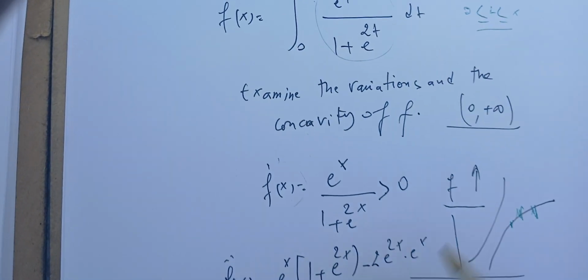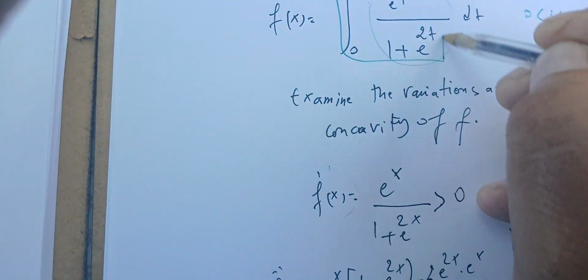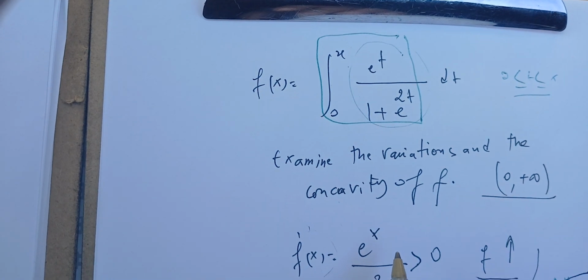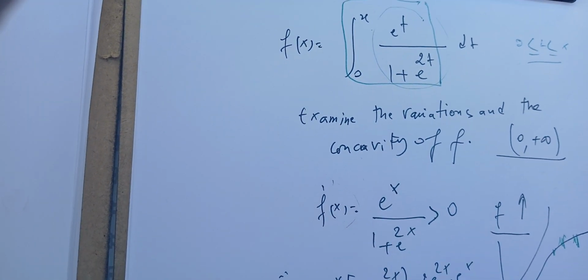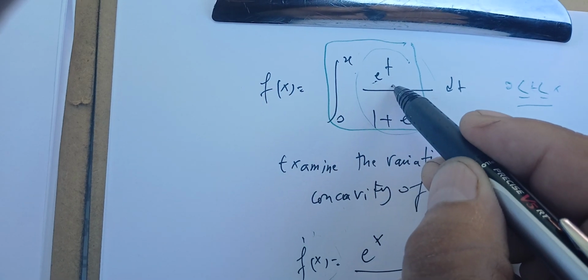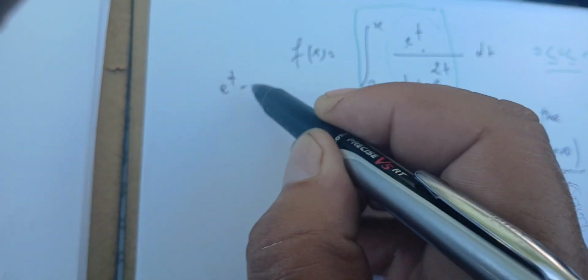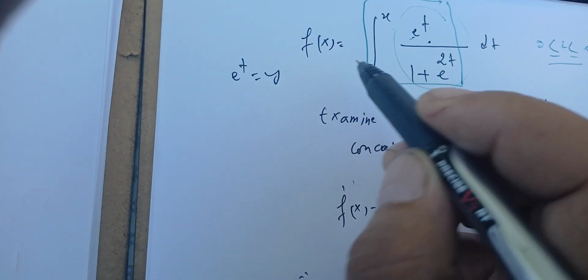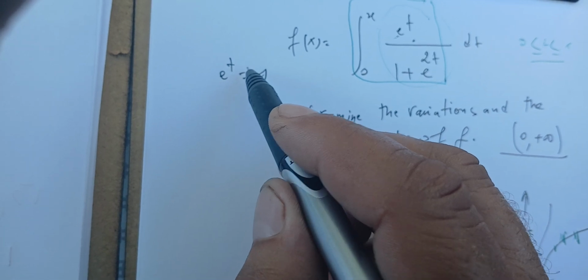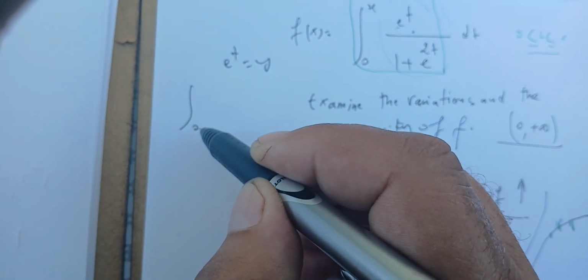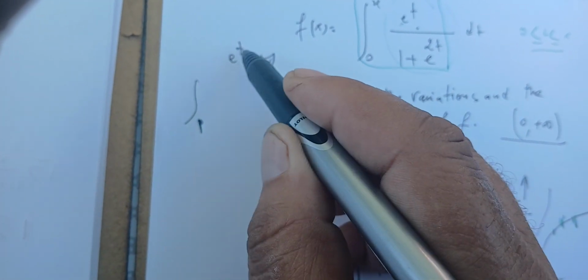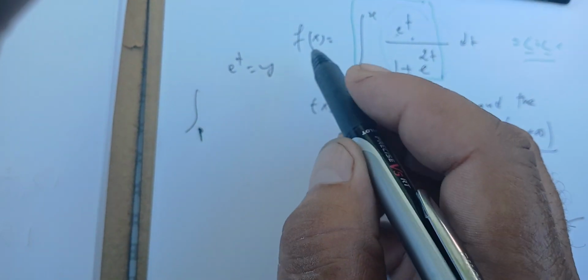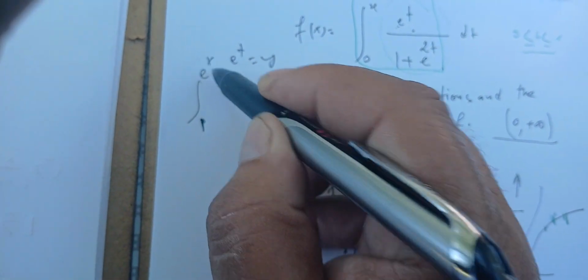In fact, in this case, we can even compute the function f. We can use a change of variable. Let e to the power t be y. When t is 0, y is going to be 1. When t is x, y is going to be e to the power x.